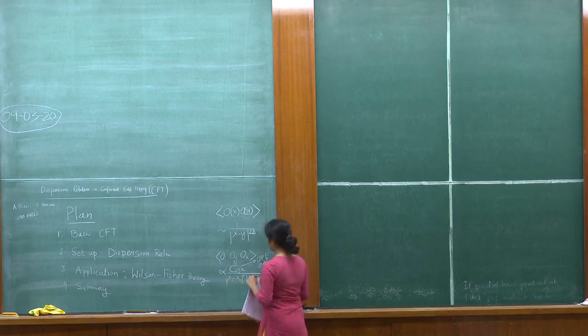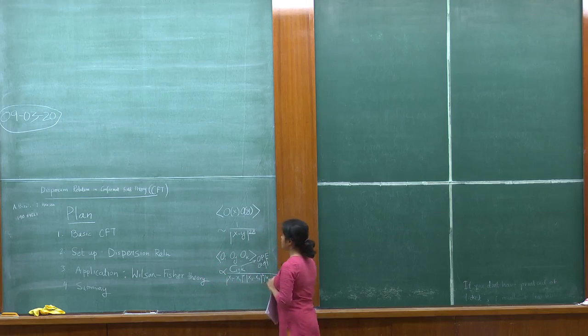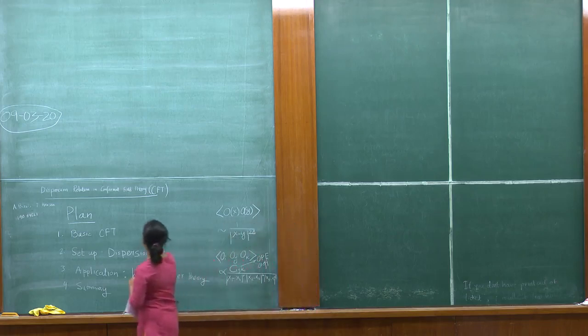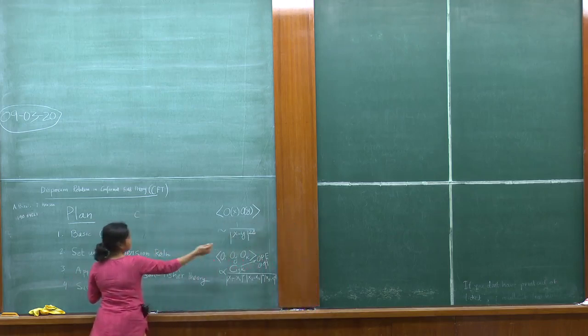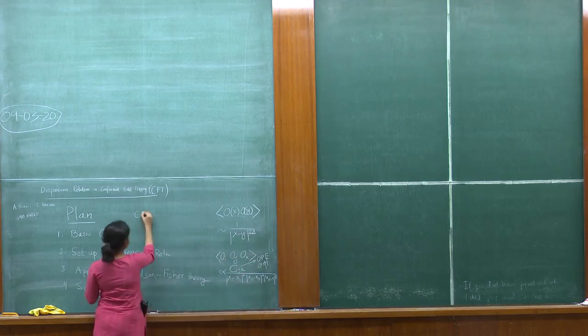So the functional form is fixed from conformal symmetry, and we are interested in computing the operator dimensions and OPE coefficients, which we call CFT data.